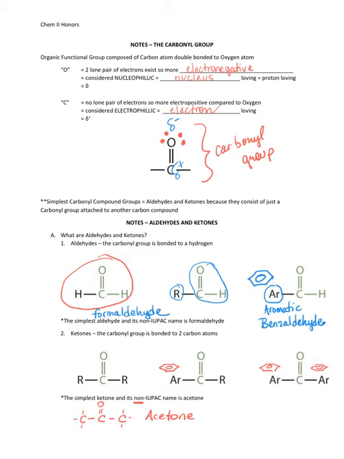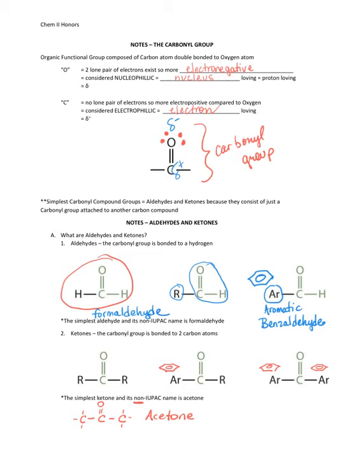We're going to drop the ending E and change it to Al. We do have a branch, and it's a methyl branch, and that methyl is going to be on carbon 2. So when we put it all together, let's name this 2-methyl pentanal. 2-methyl pentanal.